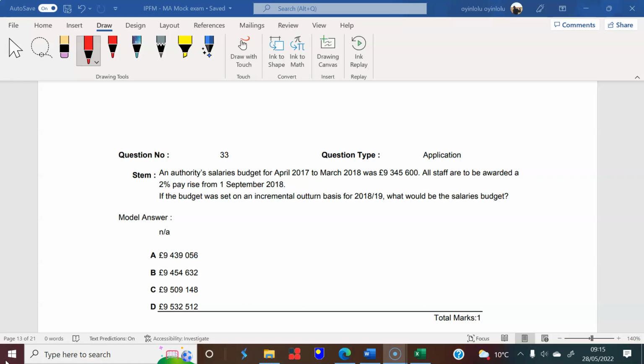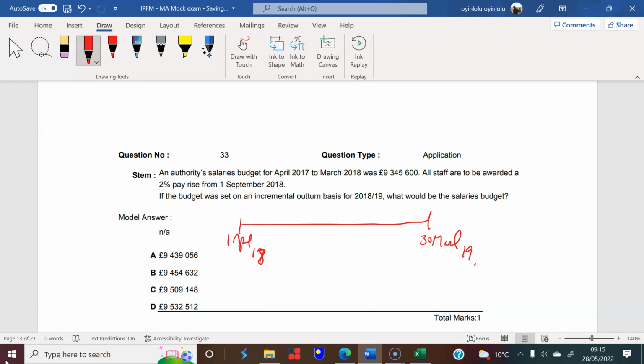Right. This question, according to the way we do it on our syllabus, is saying that we want to prepare the budget for the 1st of April 18 to the 30th of March 19, ultimately.